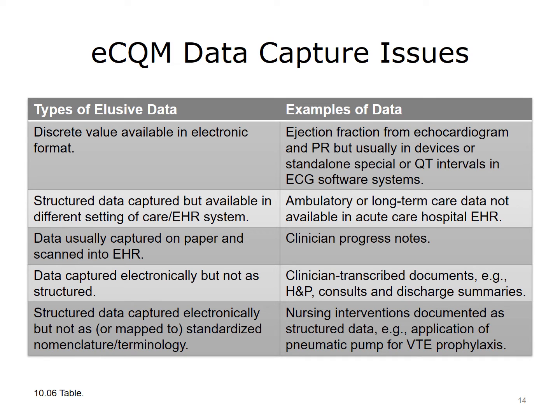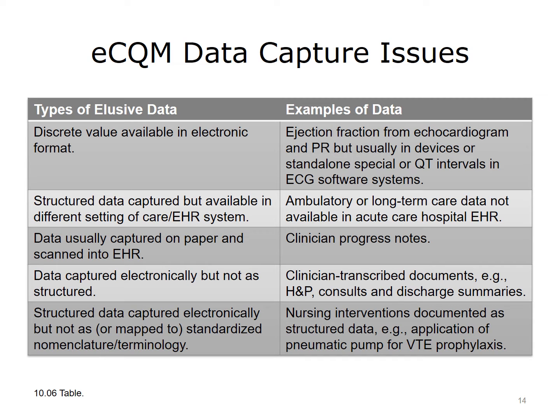ECQMs require standardized patient data to generate accurate results. In general, this requires structured data capture of key data elements within the EHR using standardized nomenclature. Structured data captured using local terms needs to be mapped to standardized data elements. Historically, a large amount of patient data is often captured on paper and scanned in or as unstructured text.